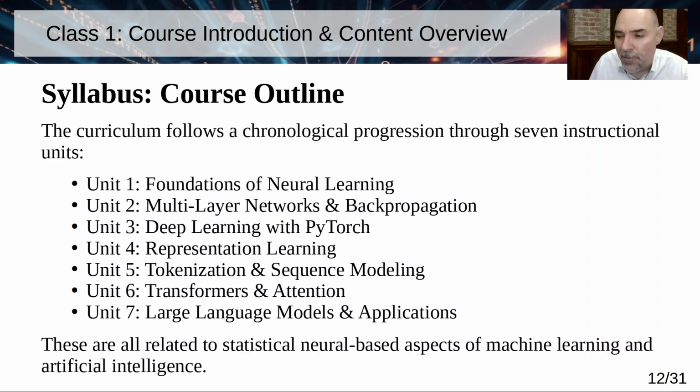That's where we're going to focus on learning the very basics of the biologically inspired neural learning, where we simulate a neuron, simulate multiple neurons, and then we're going to build up into using those together to do more complex problems. That's when we get into Unit 2 with multi-layer networks and back propagation, and figuring out, okay, how do we solve more complex problems with these neural simulation learning systems?